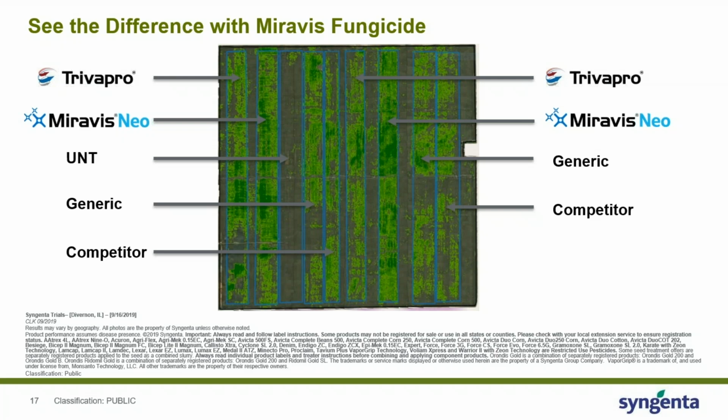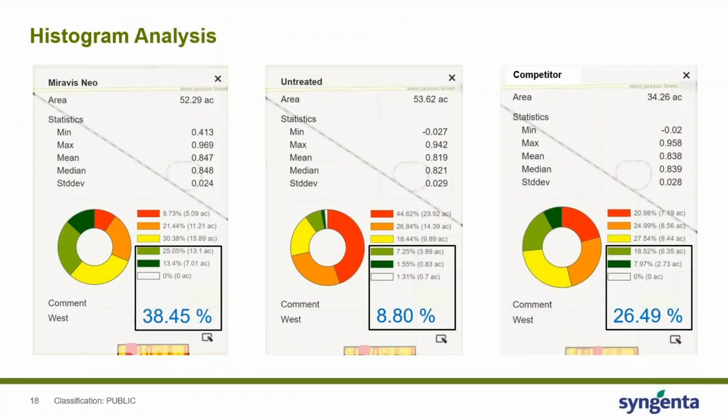But when you leave just the higher NDVI scores on there, you're able to see that the products which have the best stay green ability are really showing up with the NDVI. This provides a really good way to visualize and show people, and you can do this live in the software.